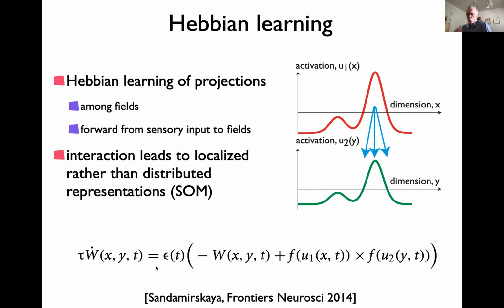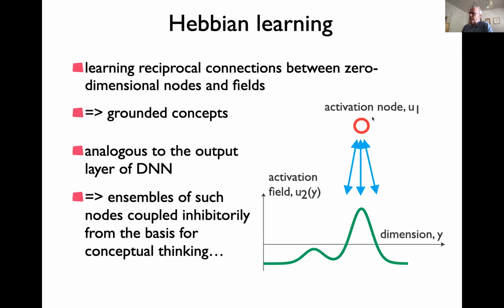So there are multiple versions of that, but you can see that it works very generically. And Julia Zanimiska, in some of her projects, she did a project on autonomous learning, has realized these kinds of projections. This is important in a lot of the later work, especially for nodes and fields, because nodes get their meaning in our representations through their connectivity to fields. I hinted that in deep networks, the nodes are sort of the last stage where the classification takes place.